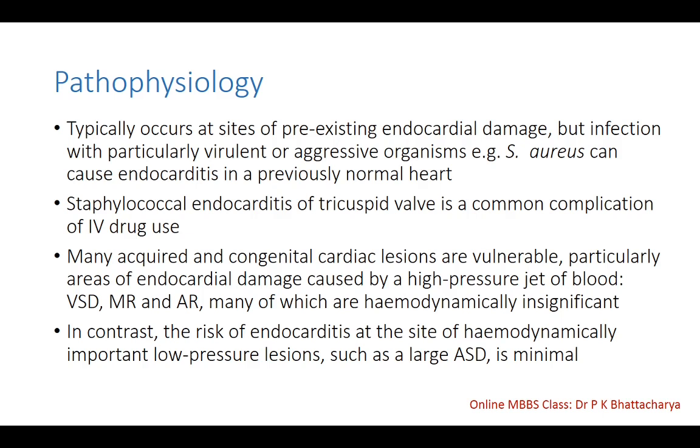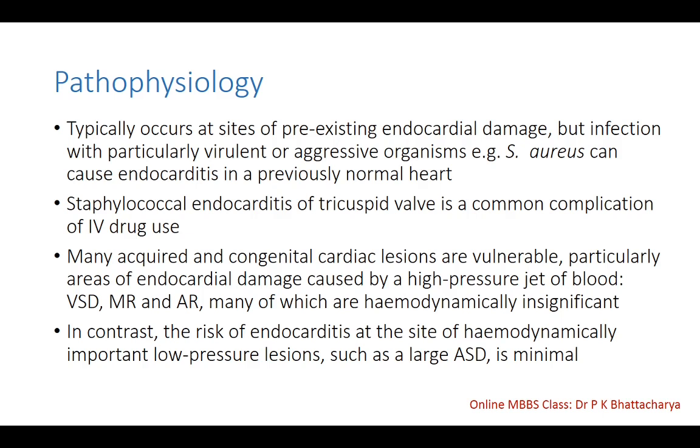Many acquired and congenital cardiac lesions are vulnerable, particularly areas of endocardial damage caused by a high pressure jet flow of blood, like in ventricular septal defect or in mitral regurgitation and aortic regurgitation. In many of these, the primary lesion may be hemodynamically insignificant.